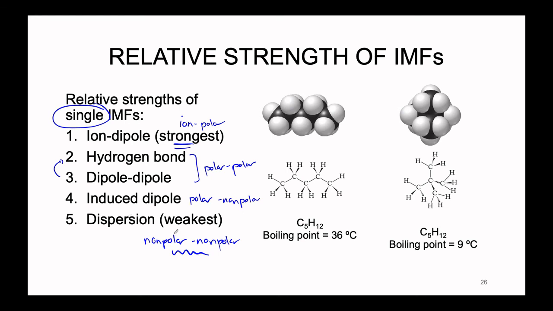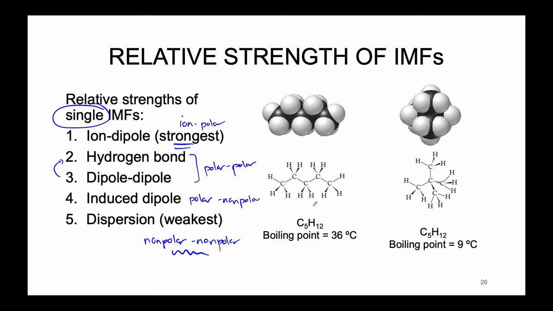This would mean if dispersion was truly the weakest as two nonpolar things came together, if we were just looking at single IMFs, like if the intermolecular forces didn't stack, is what I'm saying, all nonpolar species, all nonpolar collections of molecules should have the exact same stability, they would all have the exact same volatility, the exact same boiling point as they were forced to change phases, but what we see is that's not actually the case.